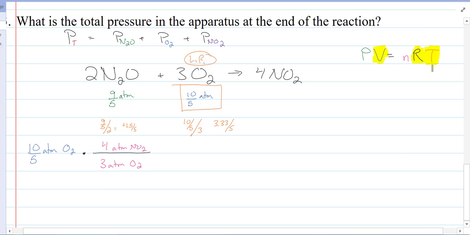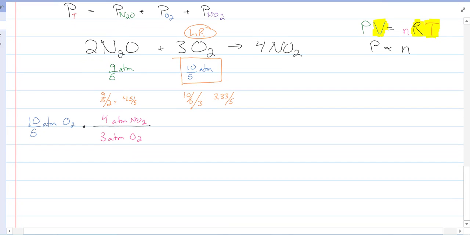Now, I don't know what T is, so I can't plug in PV equals nRT to get the number of moles. But I do know that T doesn't change, R doesn't change, and V doesn't change. So that means the pressure is proportional to n. Whatever happens to n happens to P, and whatever happens to P happens to n. So if P doubles, n doubles. If P halves, n halves. So we can use pressure in place of moles because the multiplication change that happens with pressure is the same that happens with moles. So that's why we can do that.